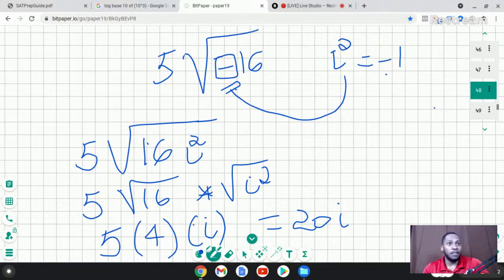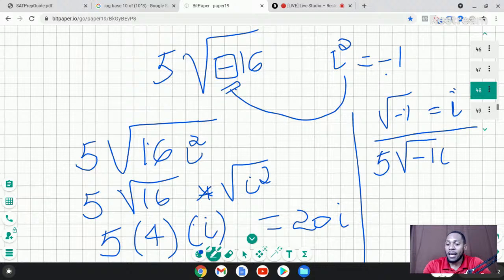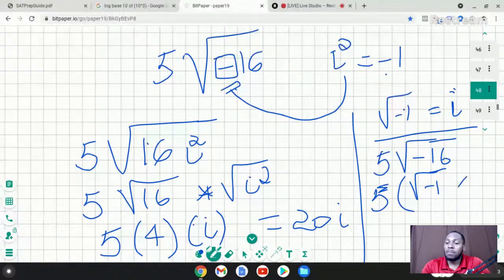Here's another way to think about this. If you know I is equal to the square root of negative 1, which is what you learn in class, then you can write 5 square root of negative 16 as 5 multiplied by the square root of negative 1, multiplied by the square root of 16.